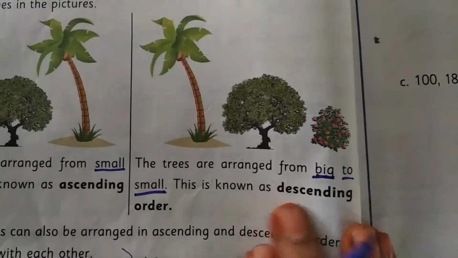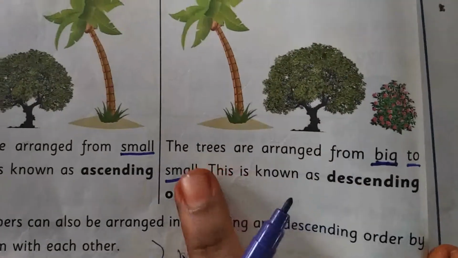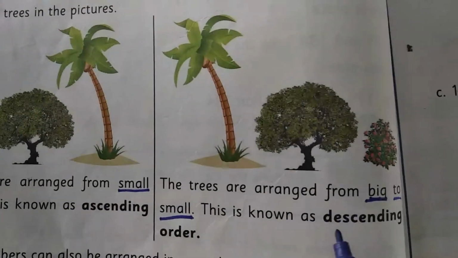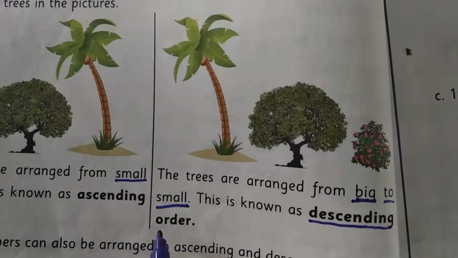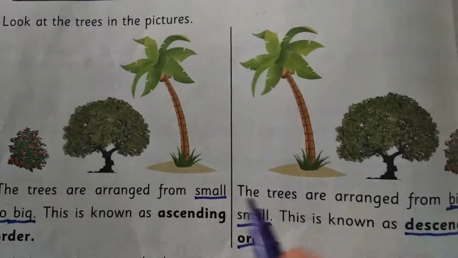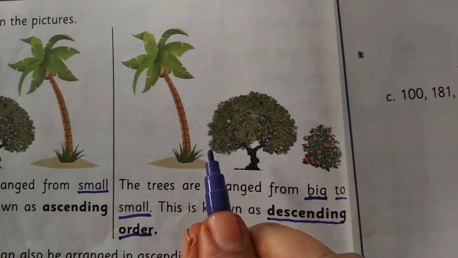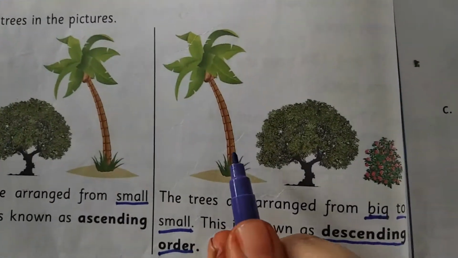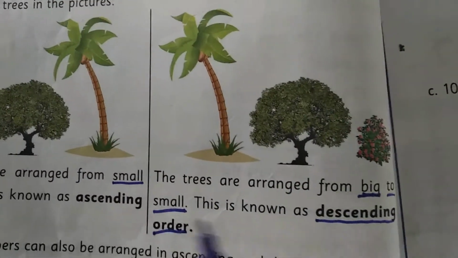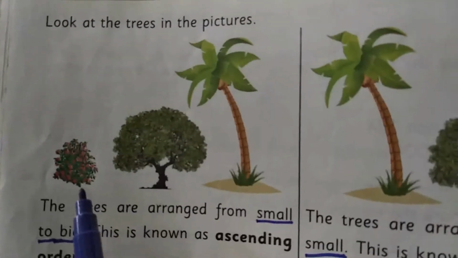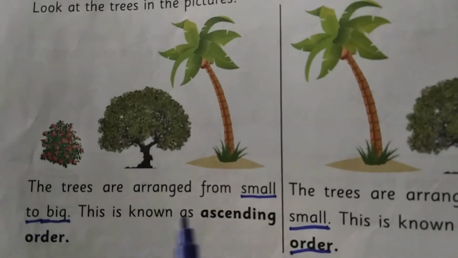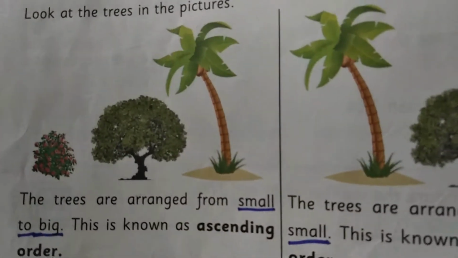We call this a descending order. Okay children? Yes. If we arrange the numbers from big to small, we call it a descending order. And if we arrange the numbers from small to big, we call it an ascending order.